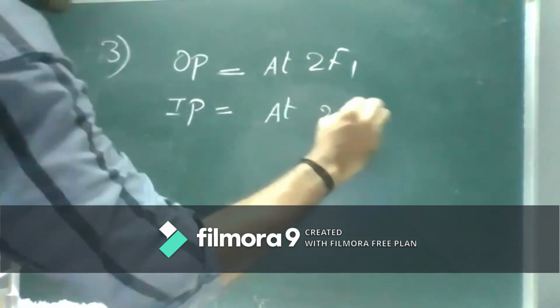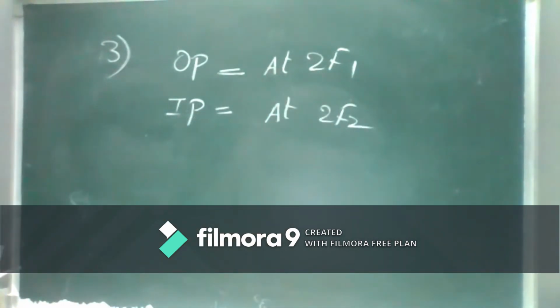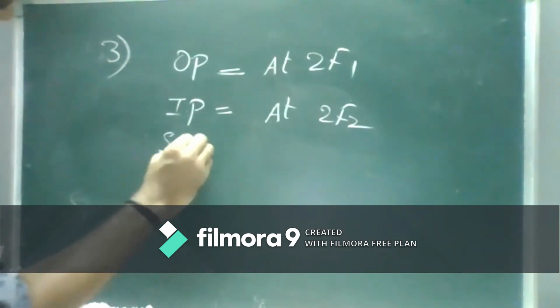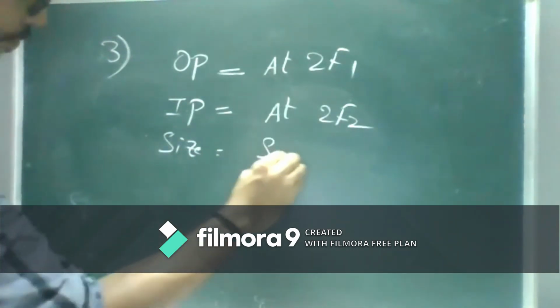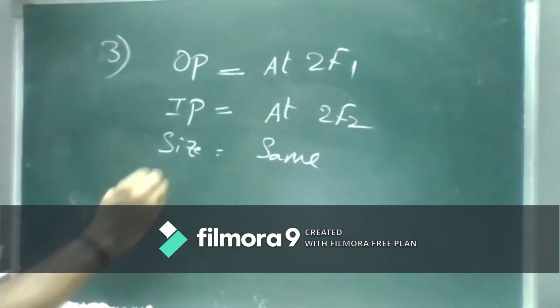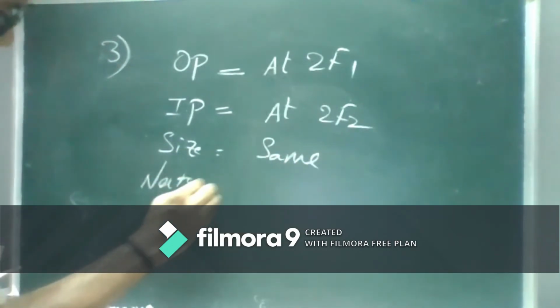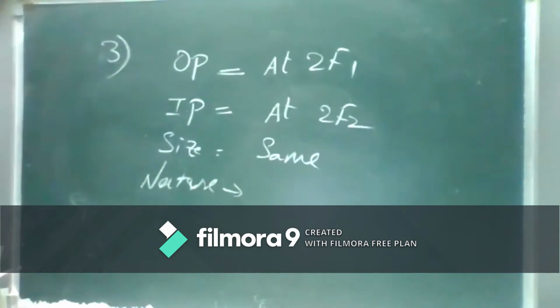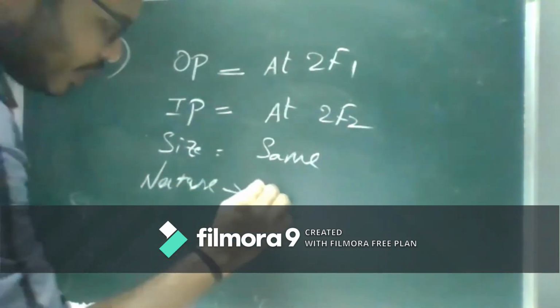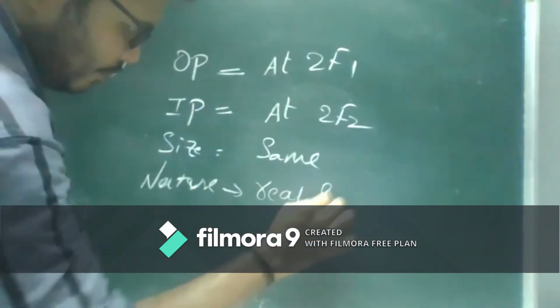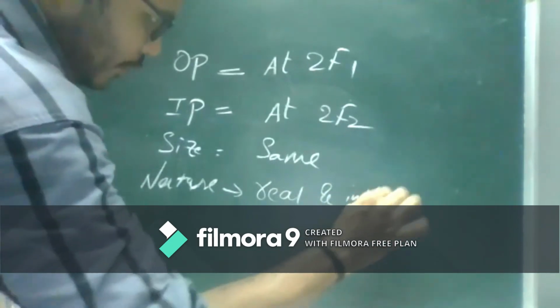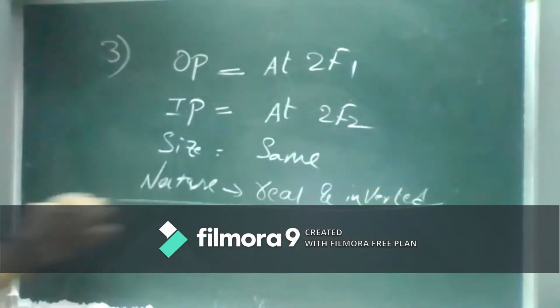The image size is the same as the object size. For the nature, remember that in a convex lens we discuss mostly real and inverted images, because these are converging lenses. So it is real and inverted. This is your third ray diagram.